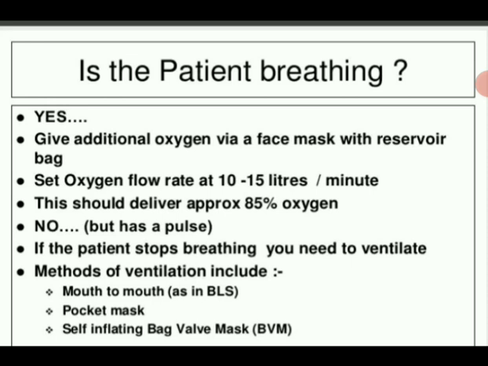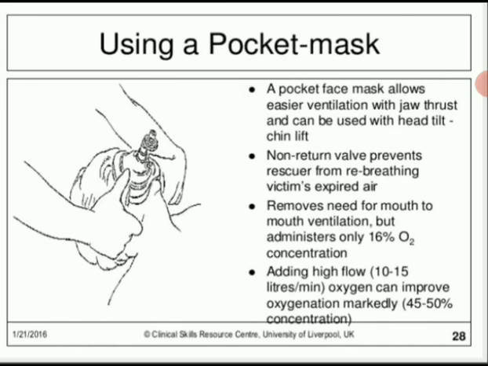Methods of ventilation include mouth to mouth and basic life support, which we already discussed in previous classes: CPR, cardiopulmonary resuscitation, mouth-to-mouth ventilation, pocket mask, and self-inflating bag valve mask.